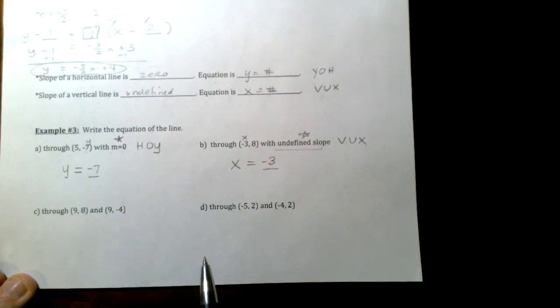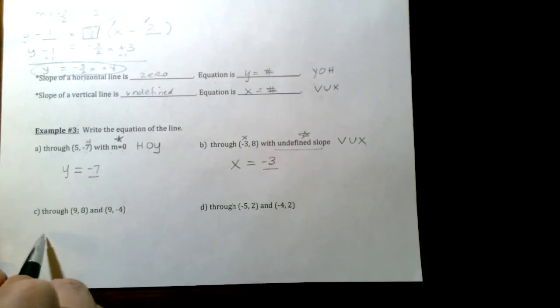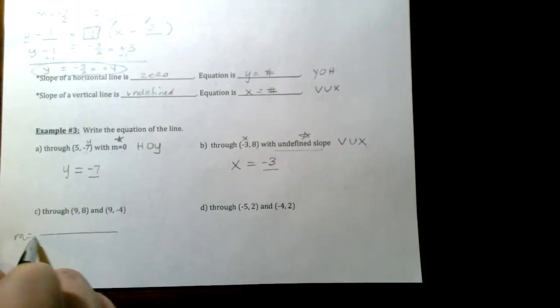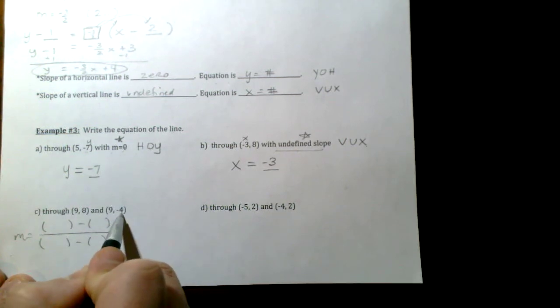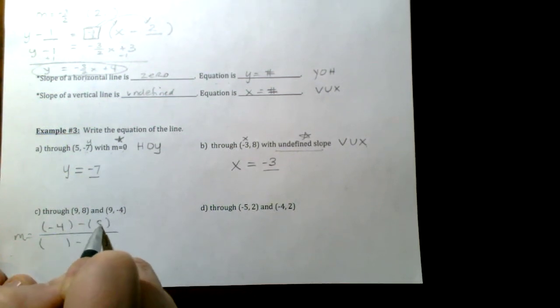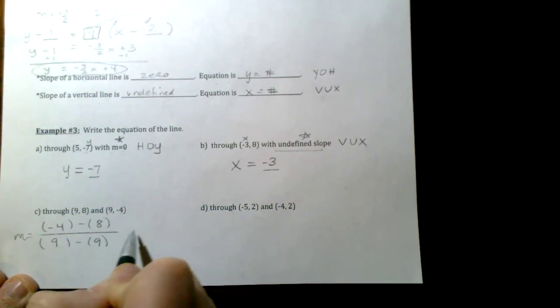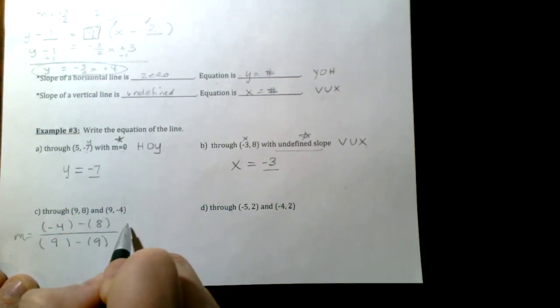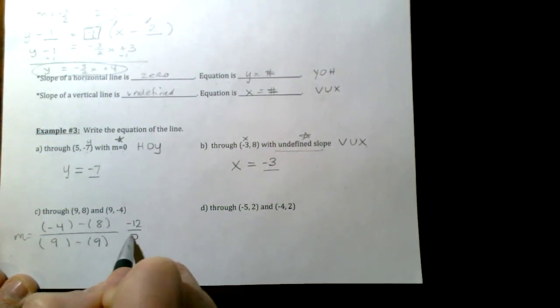Okay. When I come over to a problem maybe they're not going to tell me in words what's going on. So what I'm going to do is I'm going to set up my slope formula just like I did before up top. Start at the far right. Now, when I put this in, I get -12 over 0.